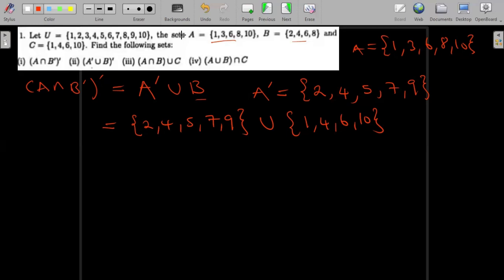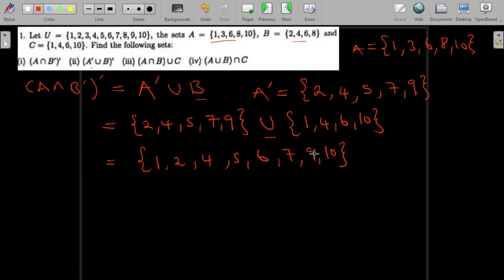All right, so we continue. By the set operation union, we just combine these sets, all the elements of these sets. So if I start listing, I have 1 in that set. I combine with the other one, the other element which follows is 2. Then I have 4 following, then 5, 6, 7, 9 and 10.